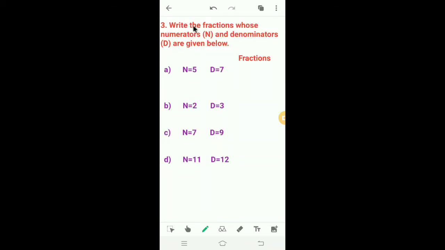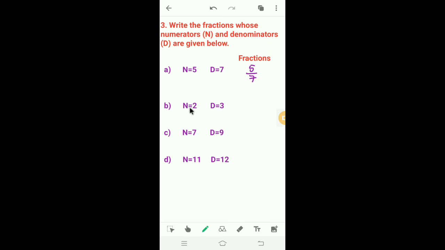Let's solve the third one. Write the fractions whose numerators and denominators are given below. First one, n means numerator and d means denominator. So here numerator is 5 and denominator is 7. So the fraction is 5 by 7.